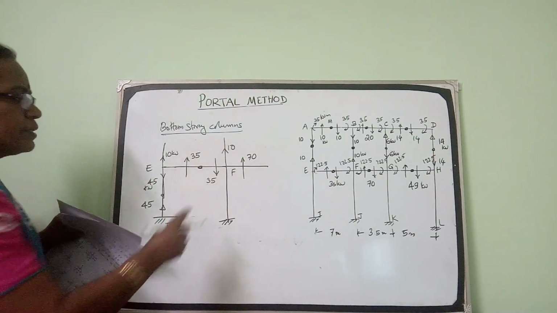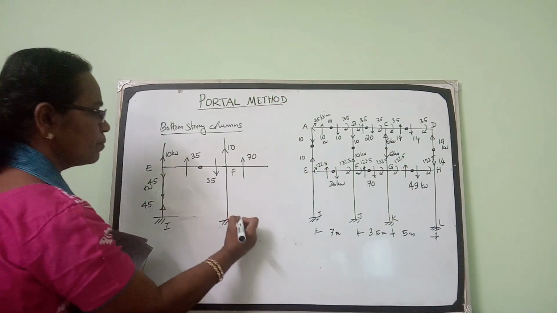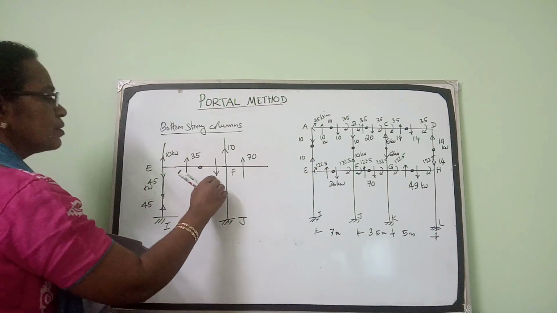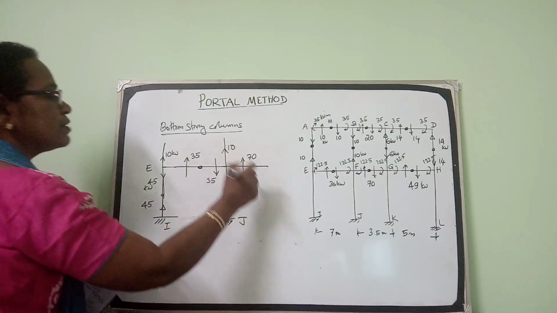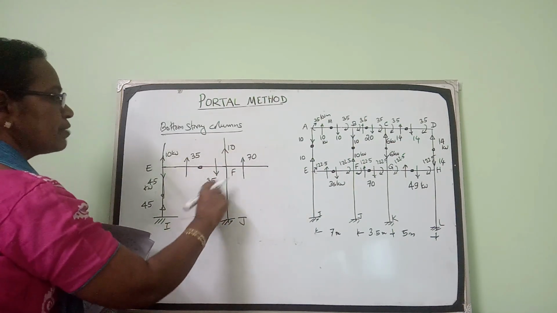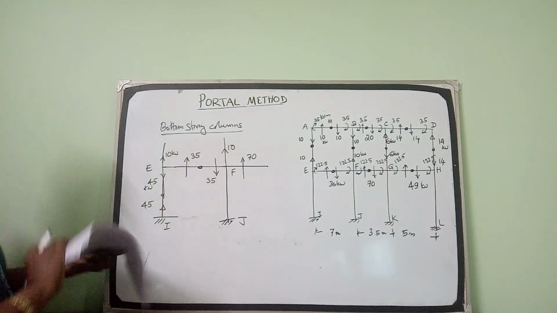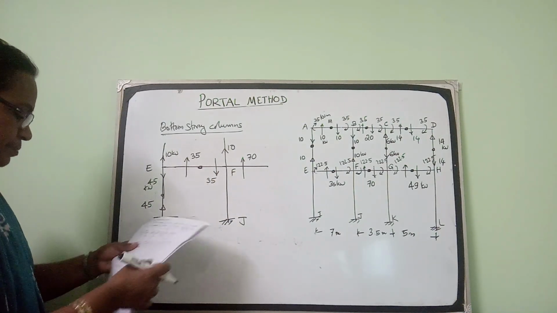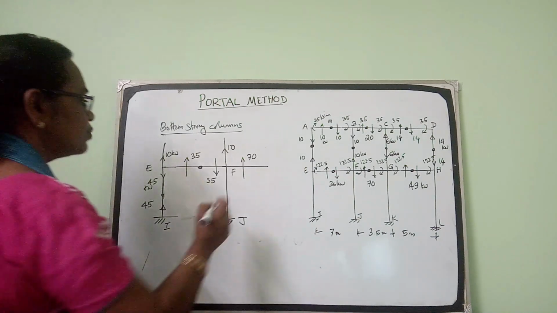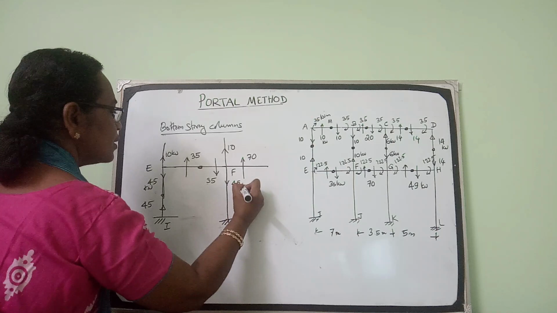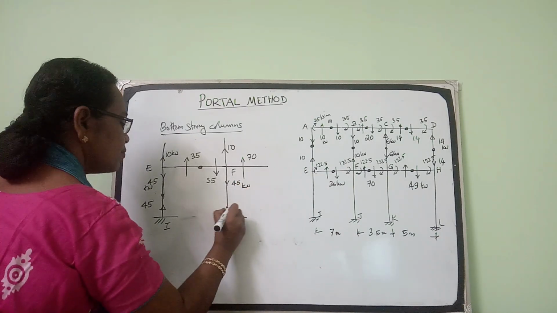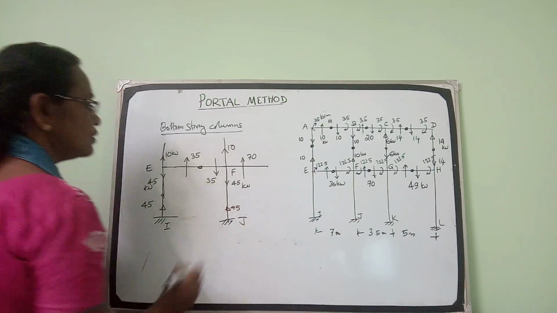So can you tell me what will be the force in this column FJ? There is 35 downwards, 70 plus 10 upwards. So 70 plus 10 minus 35, 80 minus 35. That will also work out to 45 kilonewton downwards. So it will be 45 at this end upwards.